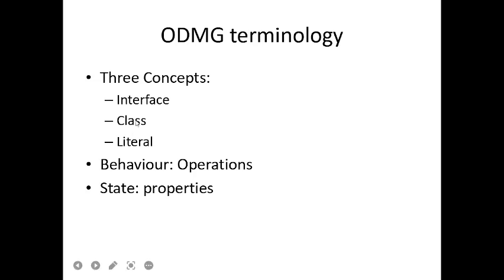An interface, what is an interface? It specifies only behavior of an object type and is typically non-instantiable. That is, no objects are created corresponding to an interface. An interface may have state properties, that is, attributes and relationships, as part of its specifications, but these cannot be inherited from the interface.